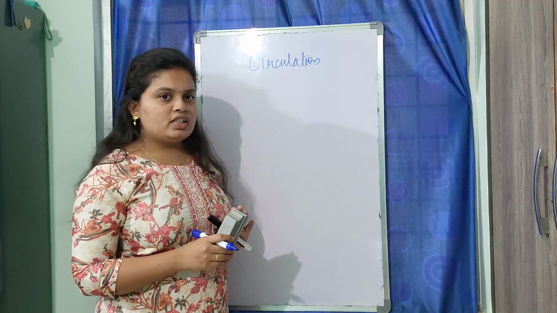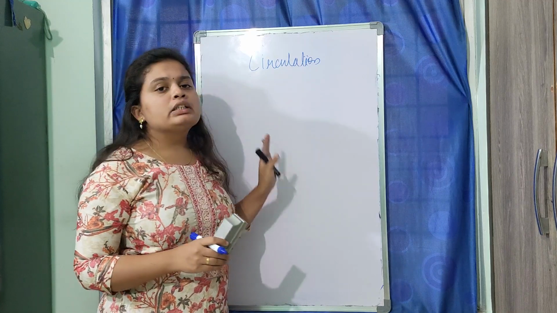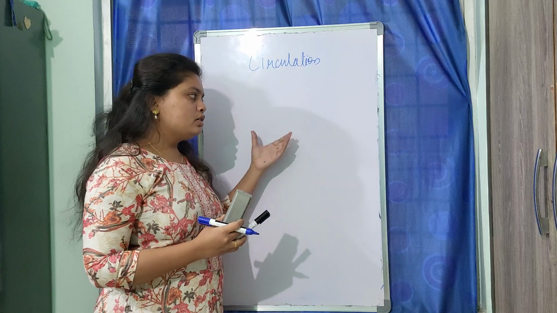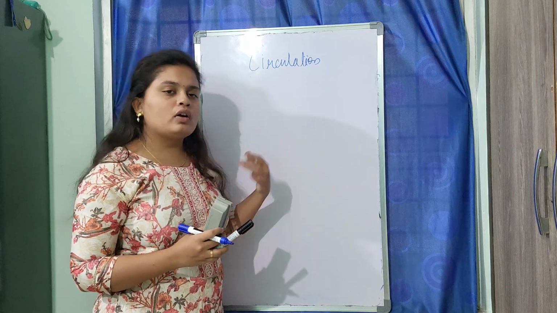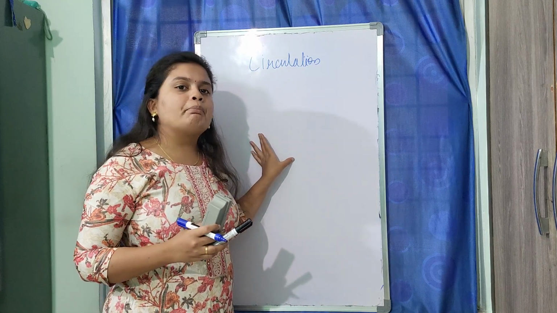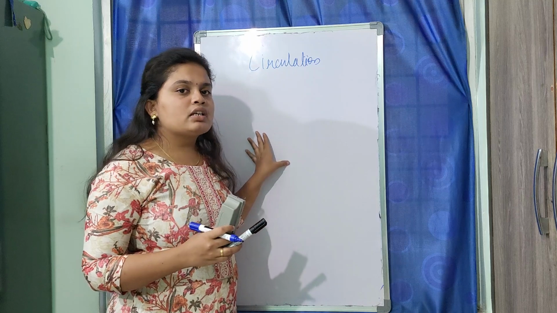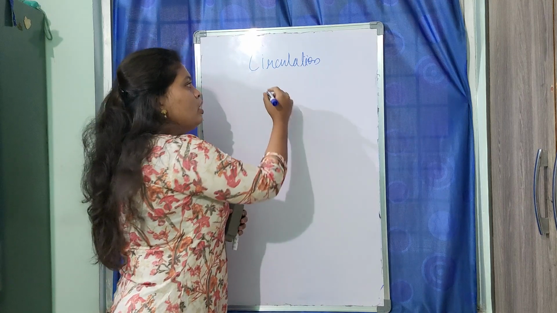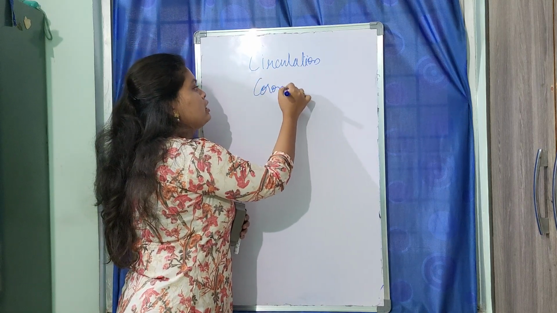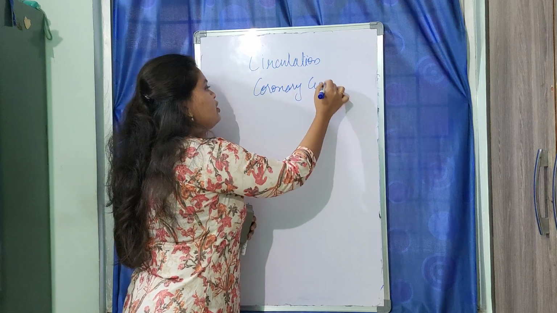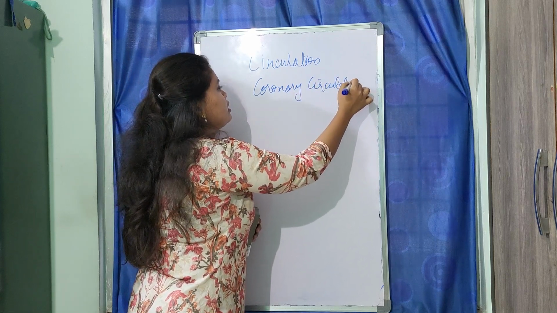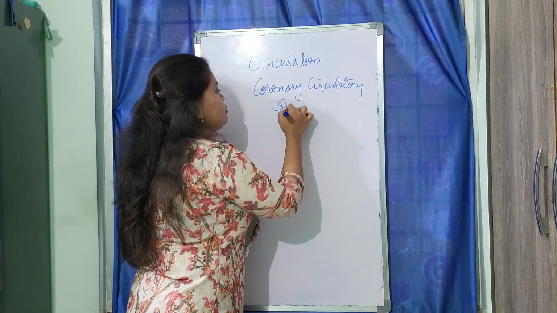So to answer this question, the heart and heart muscles, which are constantly beating, have their own separate circulatory system, that is the coronary circulatory system.